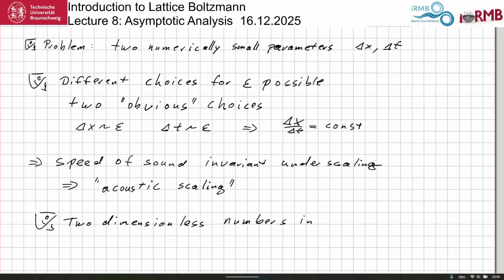So two dimensionless numbers in the Navier-Stokes equation, right? We have the Mach number. When we speak about speed of sound, then we obviously have a Mach number. I write the dimensionless quantities with an asterisk here. The Mach number is the dimensionless velocity divided by the speed of sound, where this is the physical velocity, with dimensions.